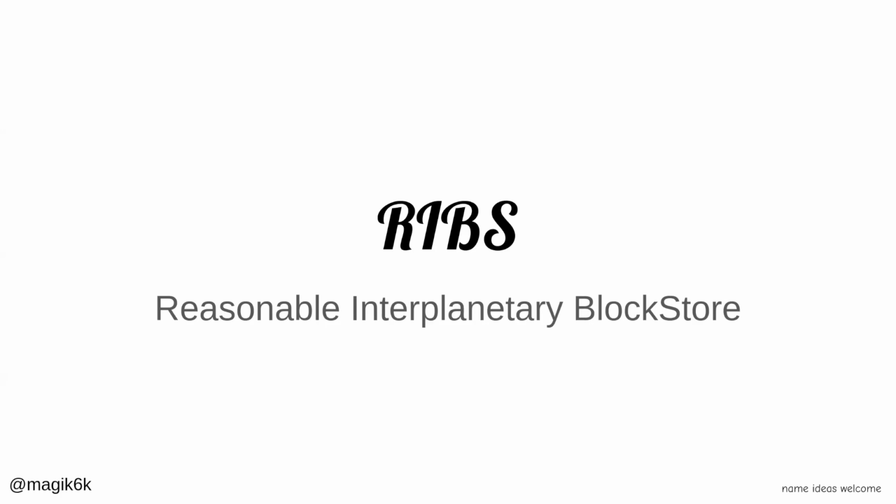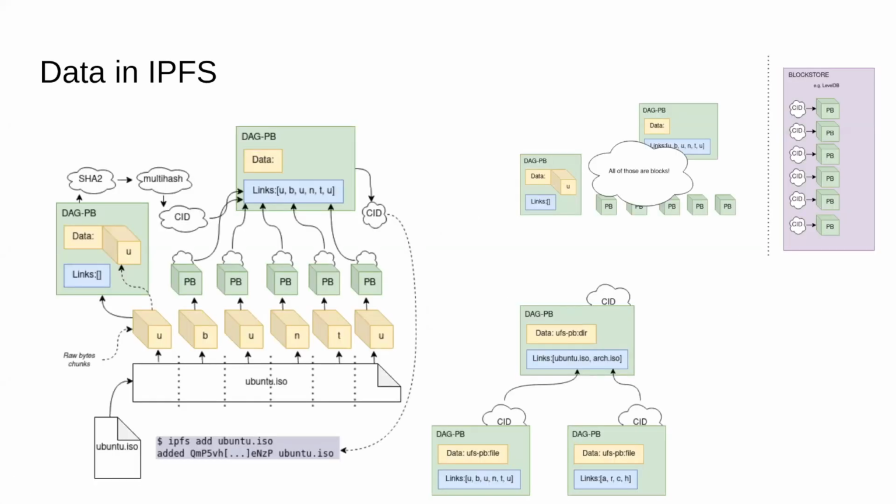So I would like to quickly recap how storage in the IPFS and the Filecoin universe works. In IPFS, when you add a file, you chunk it into fixed size pieces, by default 256 kilobytes. Then you put those chunks into what we call DAG protobuf, which is just a glorified protobuf that can link to other protobufs using CIDs.